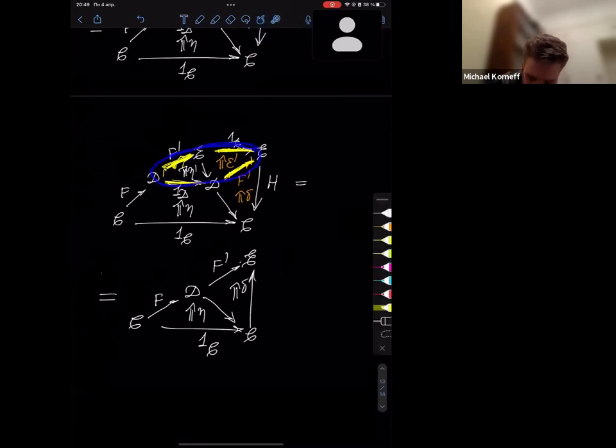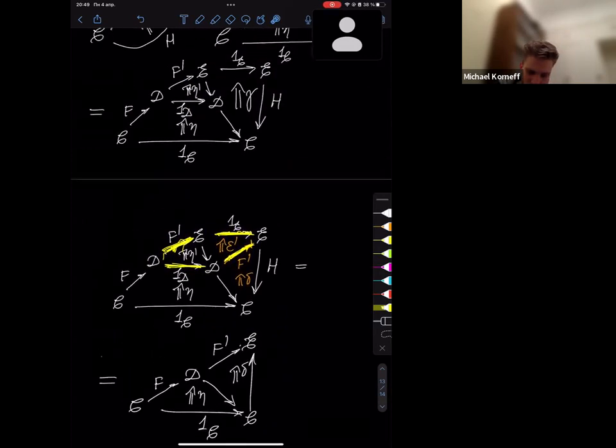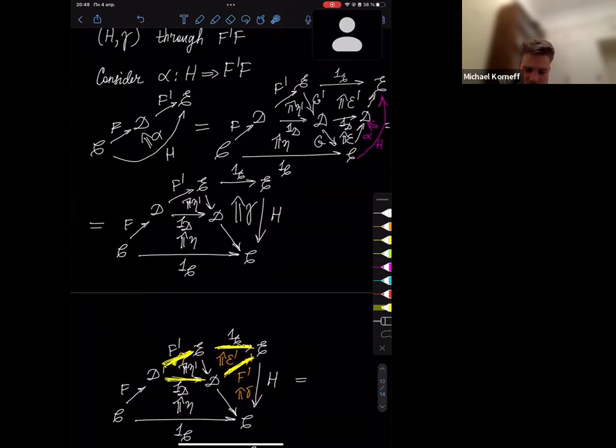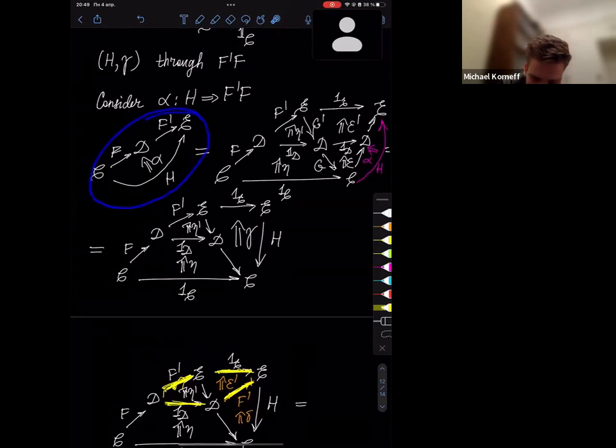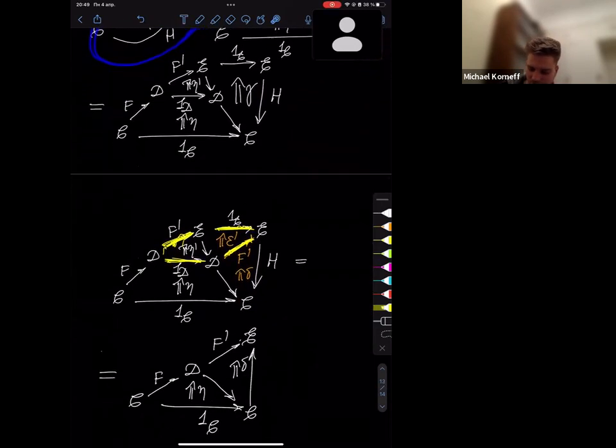We reduce this quadrilateral and obtain this triangle, and we then obtain that this diagram equals this diagram.